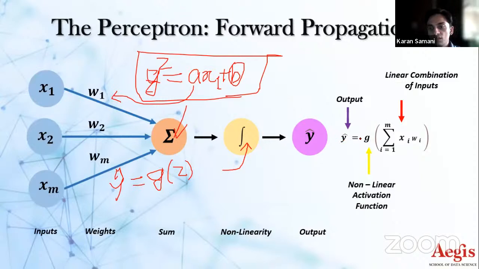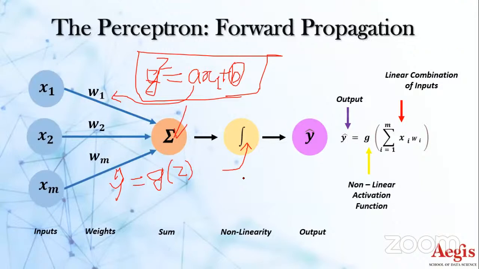So y cap equals g of z. I'll not go into this equation, but we do some kind of linear operation, apply some non-linearity on it, and get the prediction as output.